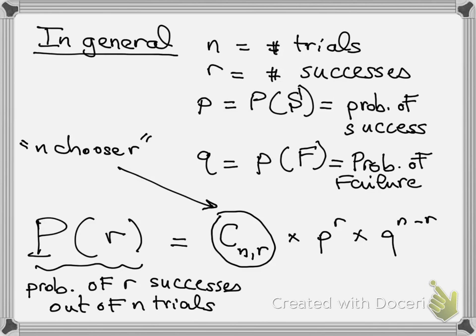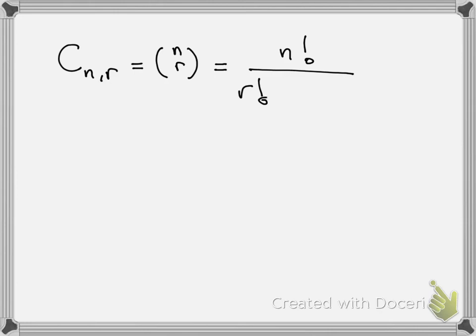This n choose r has a formula. We can also denote it using parentheses, with n on the top and r on the bottom, and that's always equal to n factorial over r factorial times n minus r factorial.